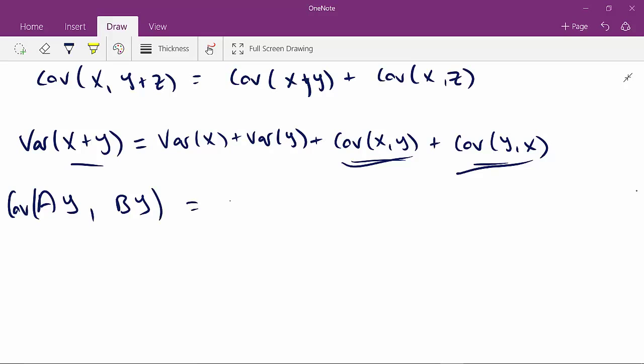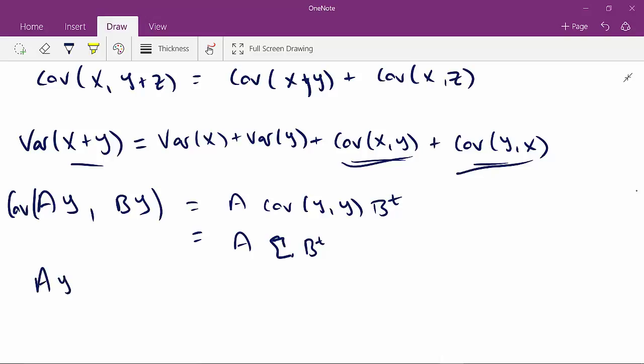This is a times the covariance of y with itself, times b transpose, and let's assume the covariance of y with itself is the multivariate variance-covariance matrix sigma. So what we can see is that Ay is uncorrelated with By if and only if this quantity is exactly 0. That's a tremendously useful fact that we'll use quite often.